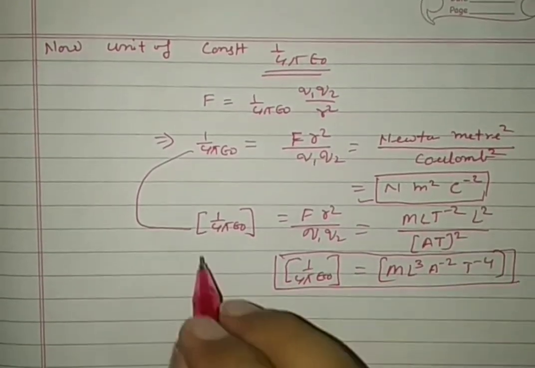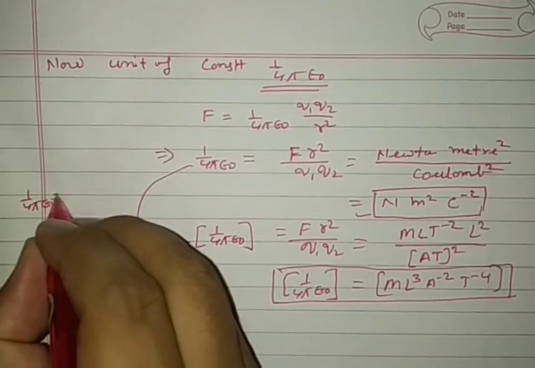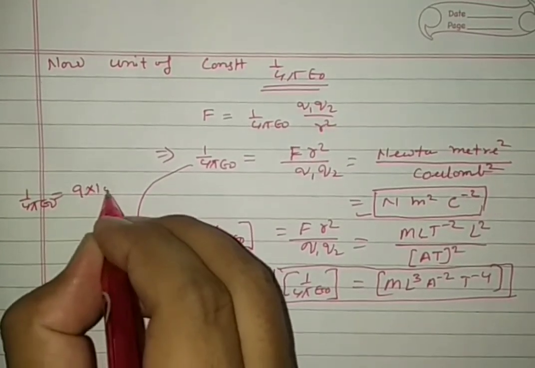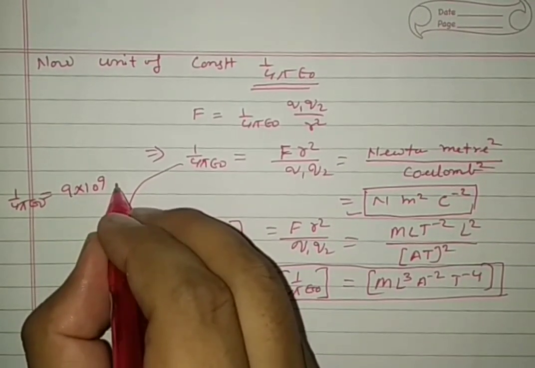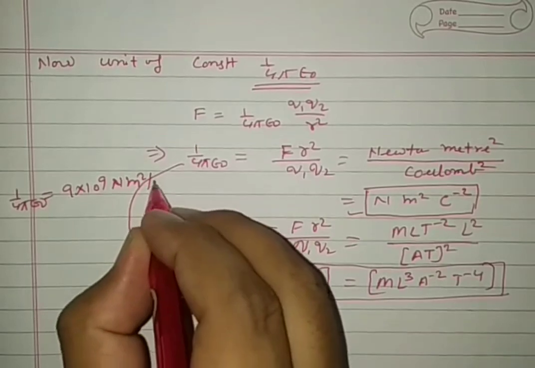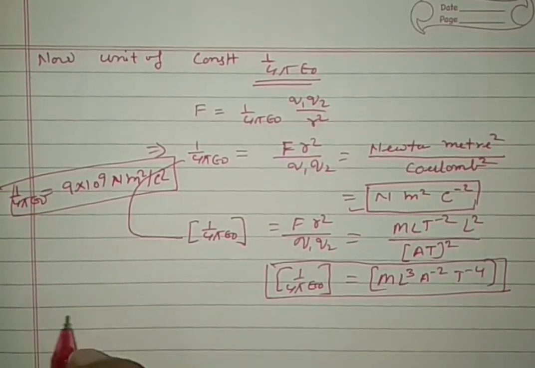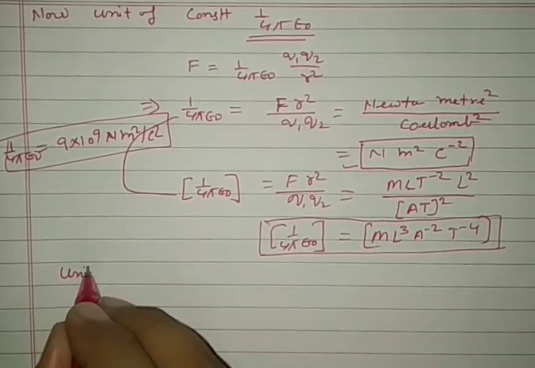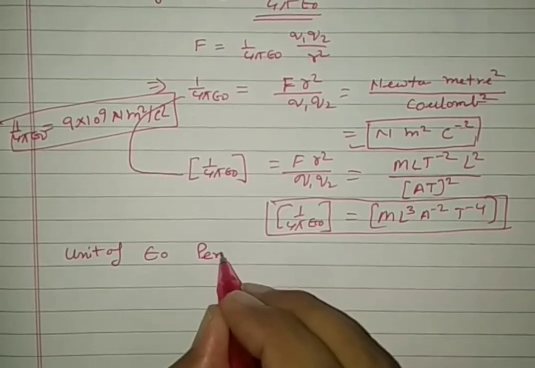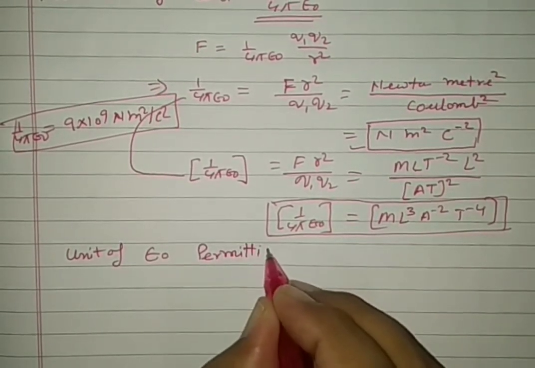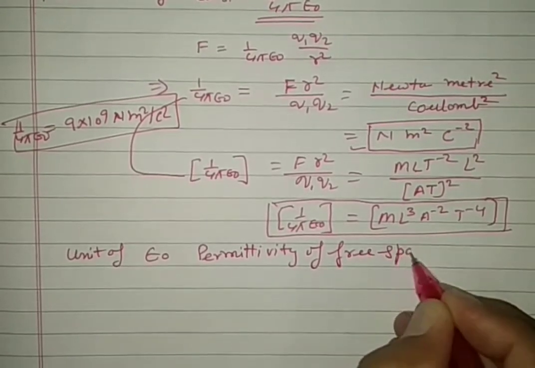Its value, we are knowing, 1 upon 4 pi epsilon 0 is 9 into 10 to the power 9. The unit we have obtained is Newton meter square per coulomb square. Now we will calculate the unit of epsilon 0, that is the permittivity of free space.